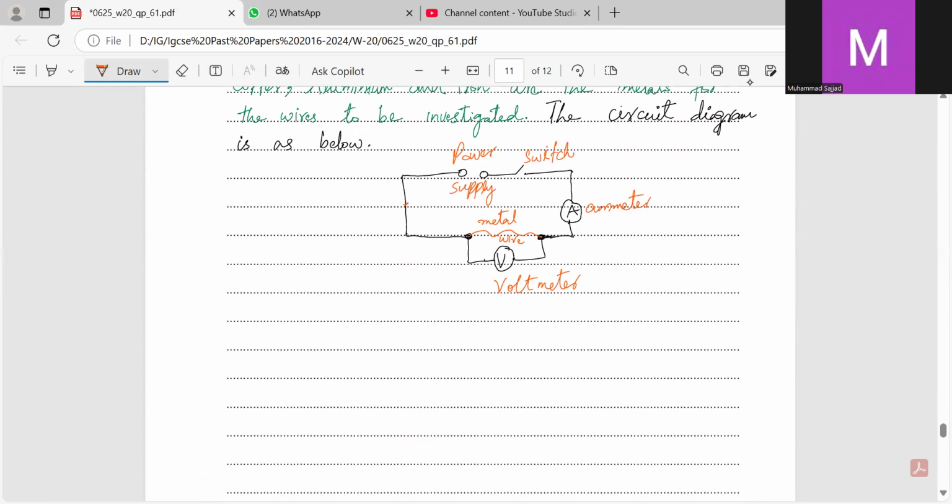So, my dear friends, we can say, connect the circuit, or when the circuit is connected as shown, then we can turn on the current, and now you can start writing the answer: set up the circuit as shown above. And then what to do?